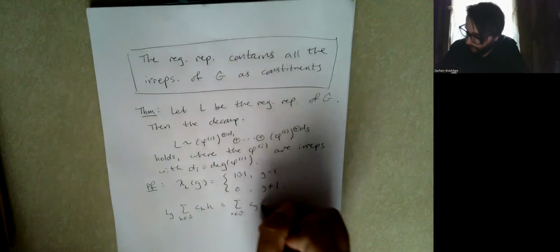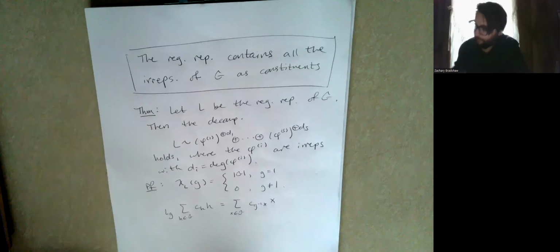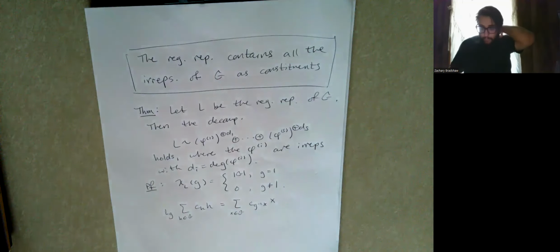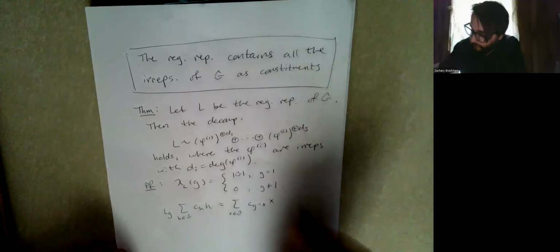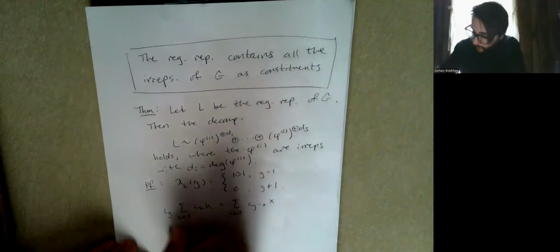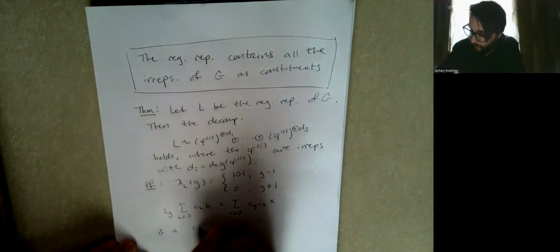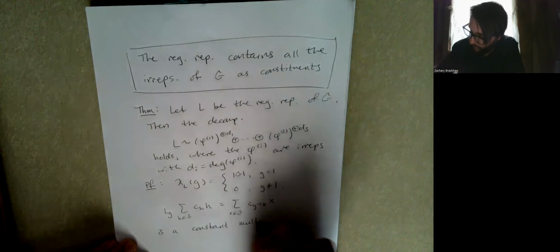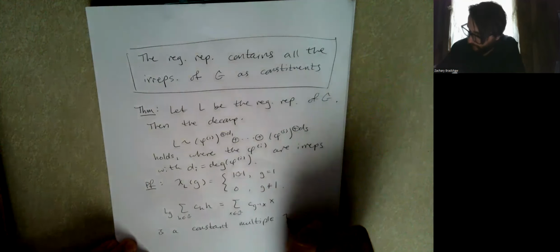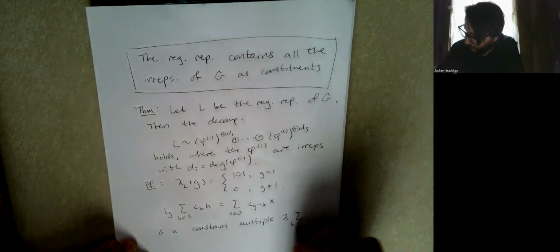This is the sum of c_{g^{-1}x} times x. And this is a constant multiple lambda times the sum over h in G of c_h h.